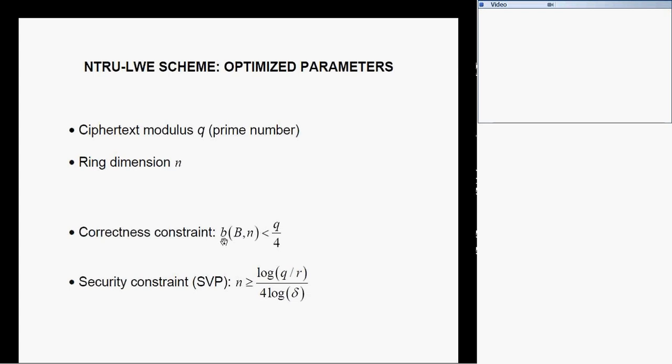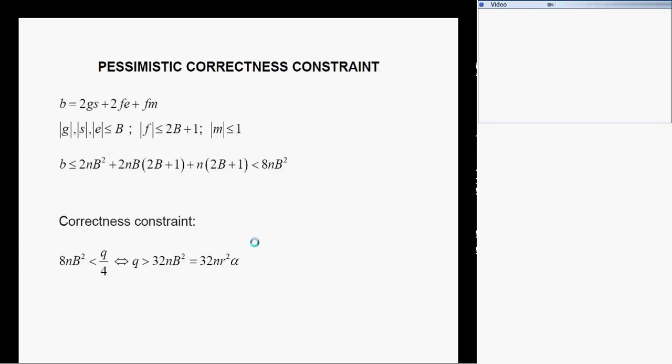That second one, the correctness constraint, is something we need to estimate using some basic mathematical analysis before we implement or run the scheme. The focus of the next couple of slides is how to come up with an expression for that second inequality that can be used for the optimization.